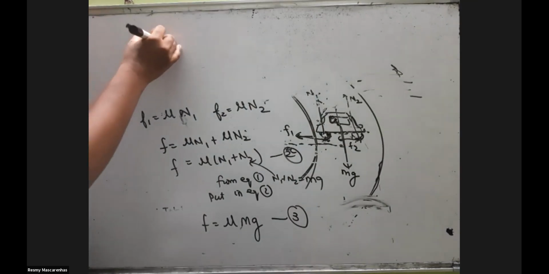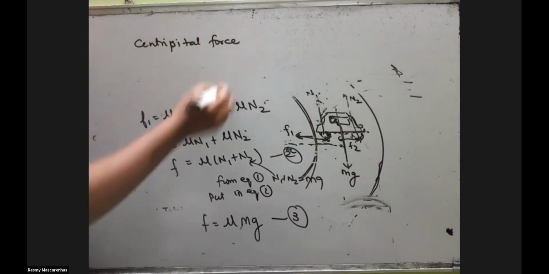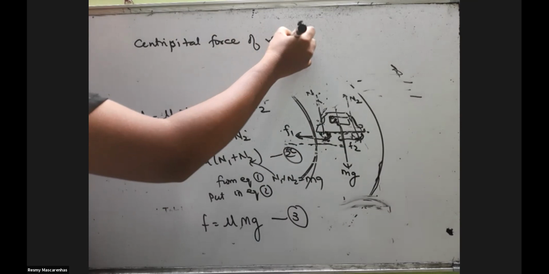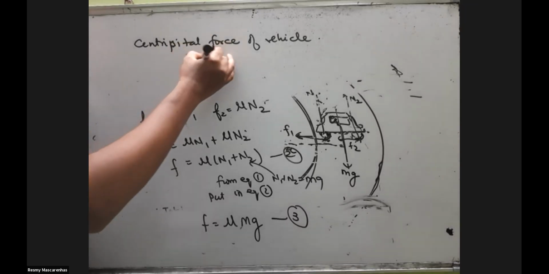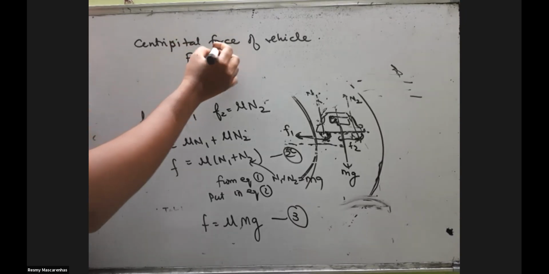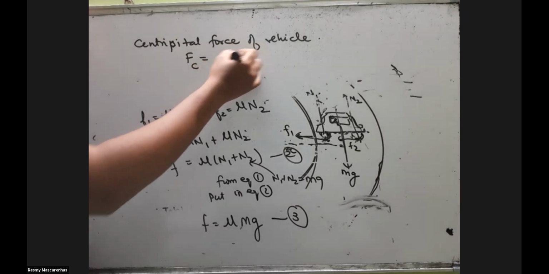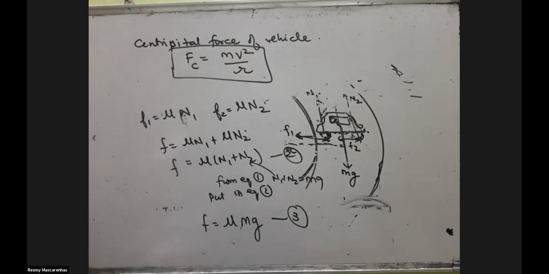The centripetal force of the vehicle will be, you can write it as Fc, mv square upon r. So this formula we already know from the previous chapter. That is the centripetal force for any vehicle moving in a circular path.